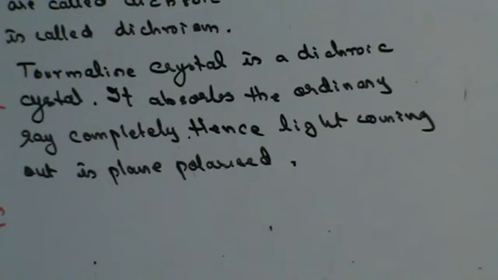Now this phenomenon of selective absorption is used for the construction of polaroids. Polaroids were made in the year 1852, right, by an English physicist who was trying to produce a synthetic dichroic crystal.